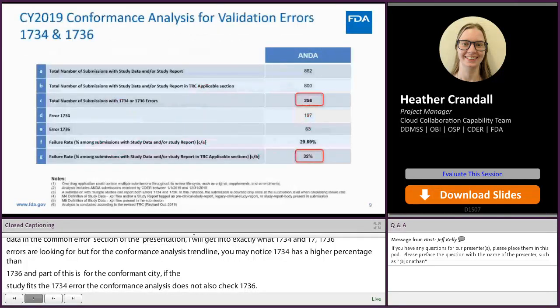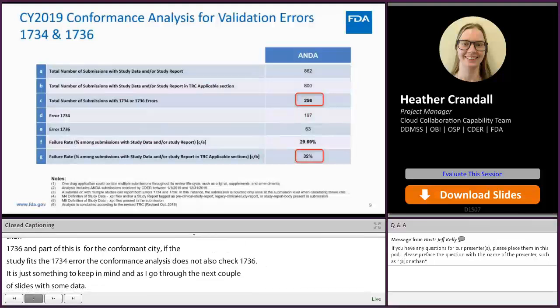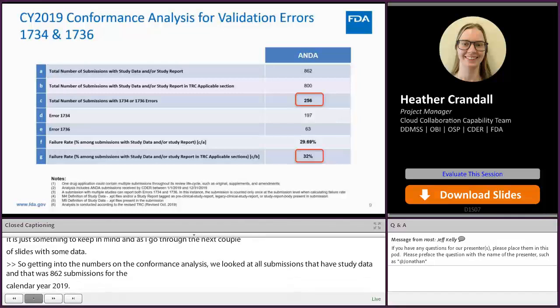So, getting into numbers on this conformance analysis, we looked at all ANDA submissions that have study data in them, and that was 862 submissions for calendar year 2019. And from there, our conformance analysis was narrowed down to only submissions with study data in TRC applicable sections.